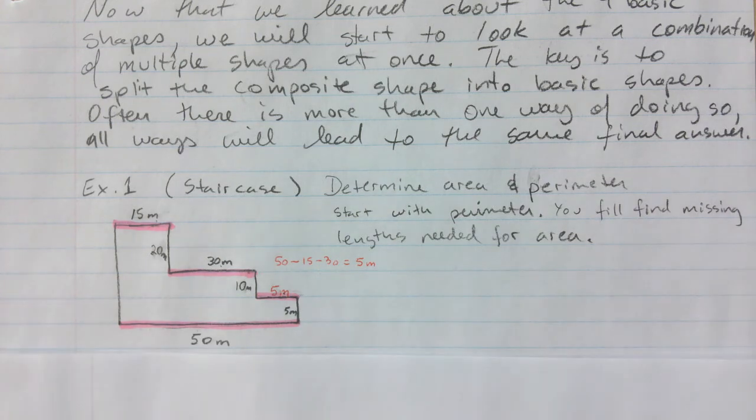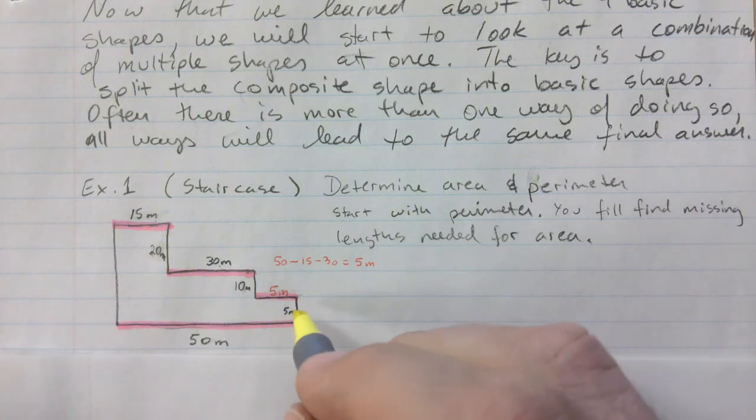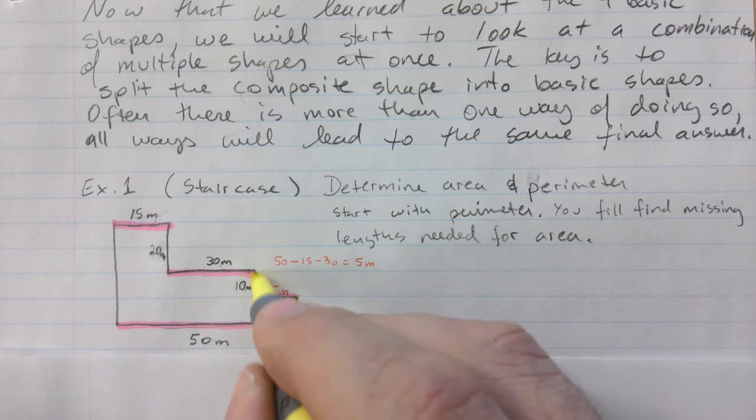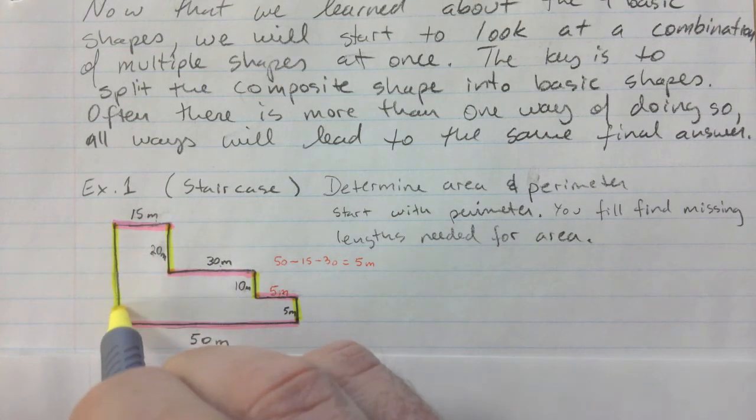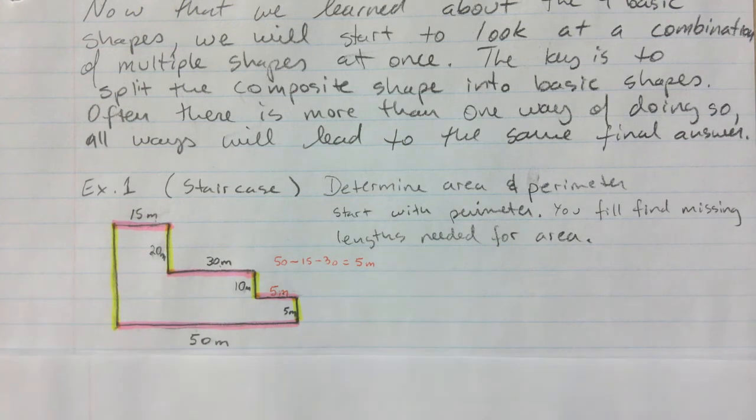Now I'm going to focus on the vertical ones, right? This corresponds to the vertical out here. So sometimes there's subtracting involved, sometimes there's adding, right?